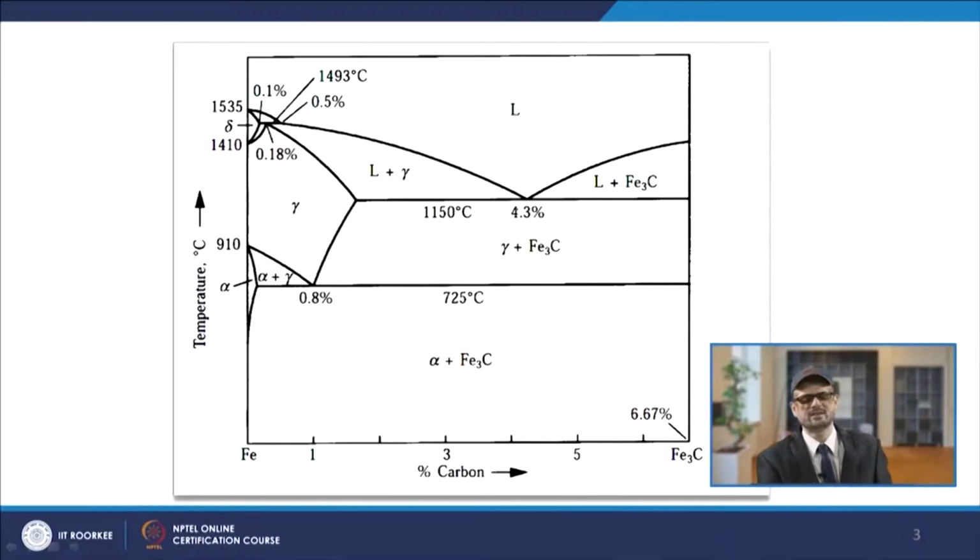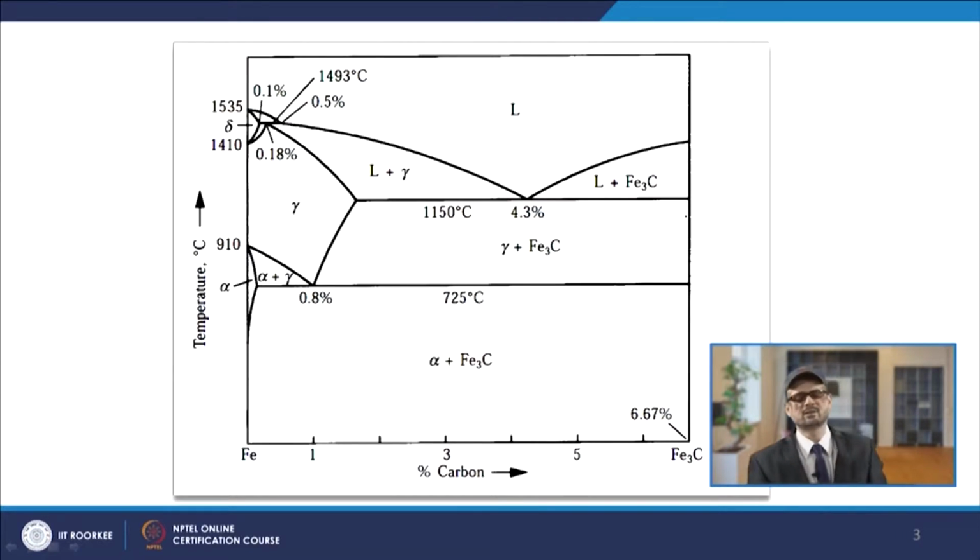Now, in this case what you see is that there is this point where the liquid is above this point, immediately you will have the liquid zone, and once the temperature comes below this, you will have a mixture of two solid phases, that is one is gamma, another is Fe3C.